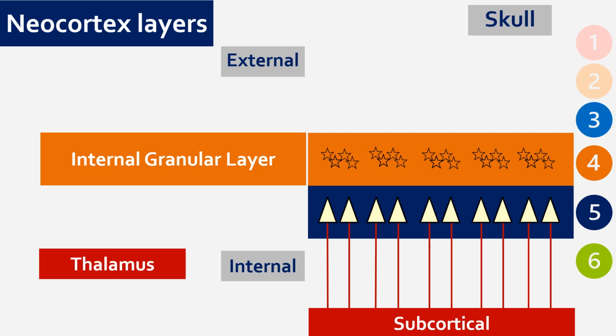As I said, this is the primary input layer for the cortex from other subcortical regions, from other regions of the brain. This information comes through the thalamus, and this is really important. Almost all sensory and other information that comes into the cortex from non-cortical or subcortical regions comes through the thalamus, where it's filtered and organized. And we've talked about that in a different video.